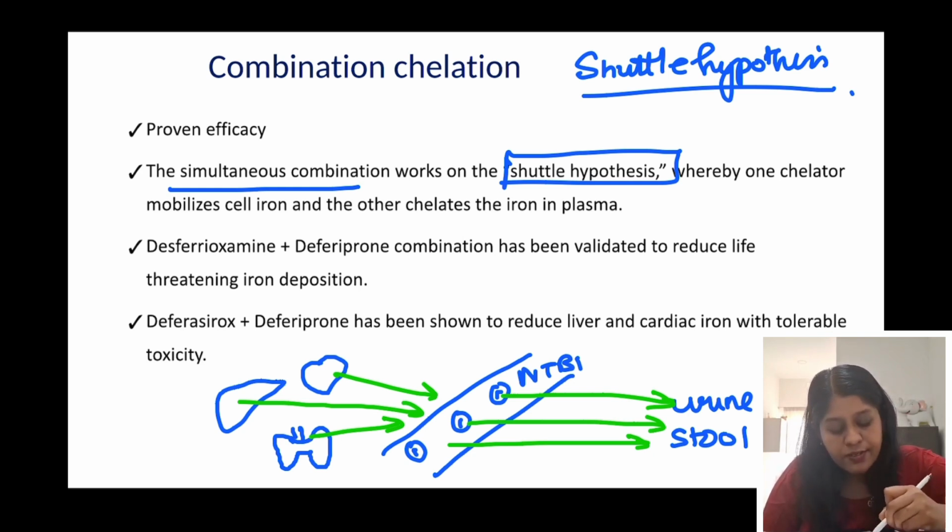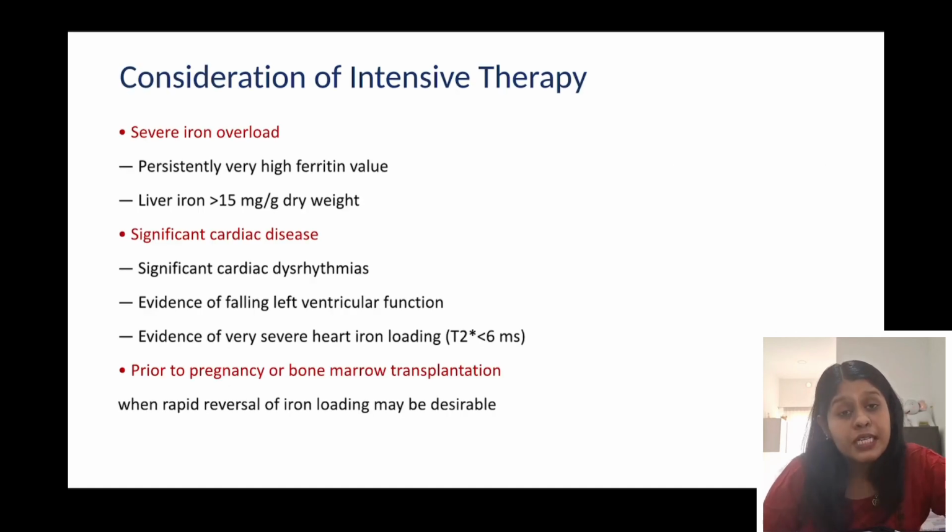Deferasirox and deferiprone also have been shown to reduce the liver and cardiac iron with tolerable toxicity. So when do you consider intensive therapy? Now we saw that if a child is more than 2 years, if the child is requiring more than 10 to 20 transfusions, or if the ferritin is more than 1000, we are supposed to start iron chelation. Now when will you consider intensive therapy for this child?